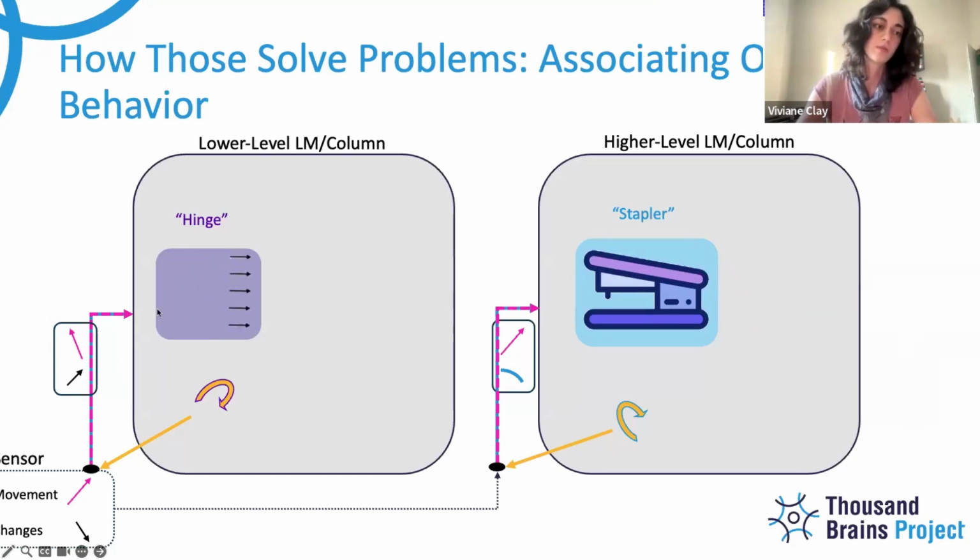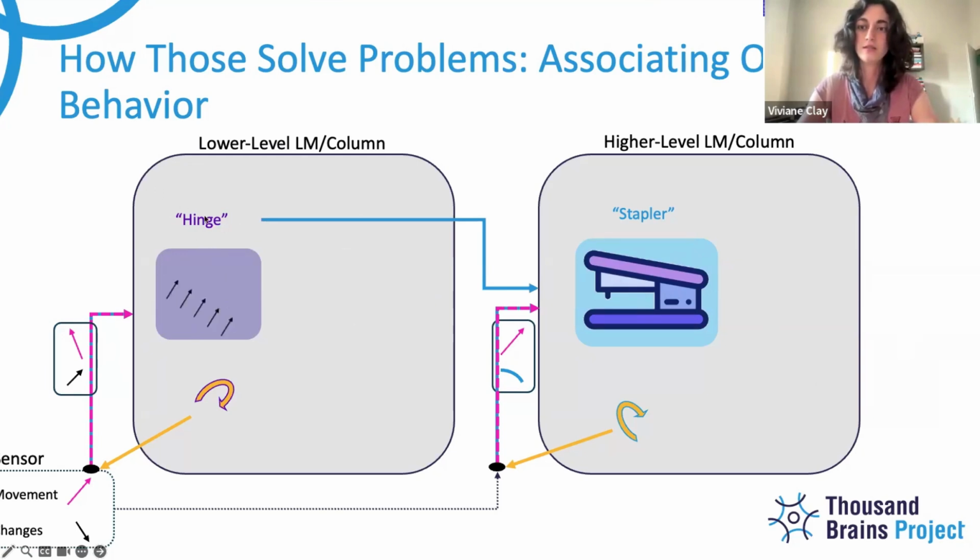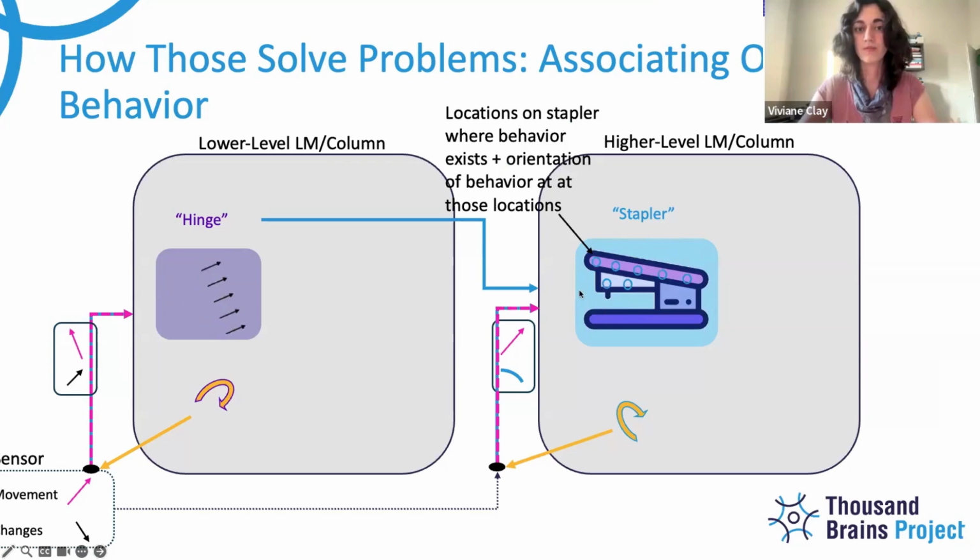So the proposal I made last week is that we can associate those by using hierarchy. In this example, we have a behavior model in the lower level and an object model in the higher level. Here we have a hinge behavior and a stapler. This hinge ID, the behavior ID, is one of the outputs of this column that becomes a feature in the object model. We would then do this on a location by location basis.